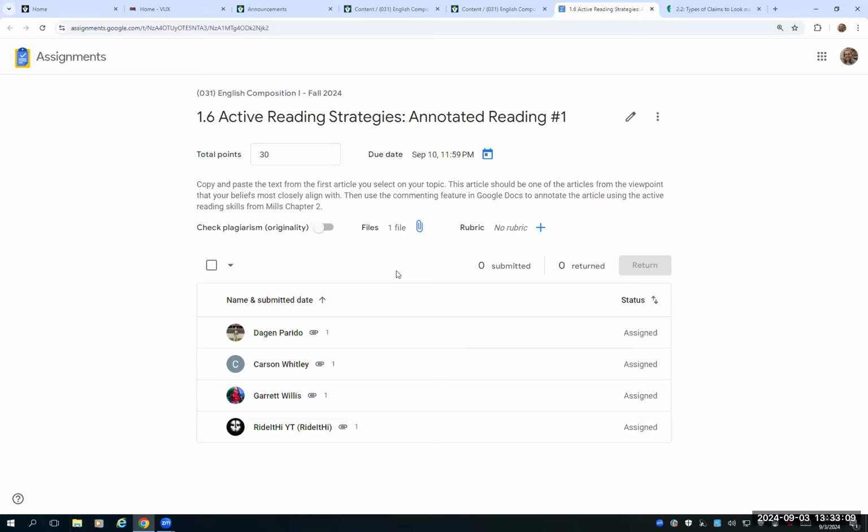If you link your Google account, it'll give you an option to click link, and then it may ask you to link it again. What this will allow me to do is go into your document. We're going to write essays using the Google Docs tool, and I'll be able to go into your document and give you line by line, very specific feedback.